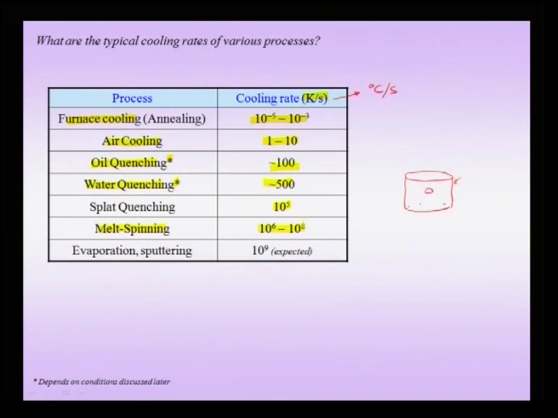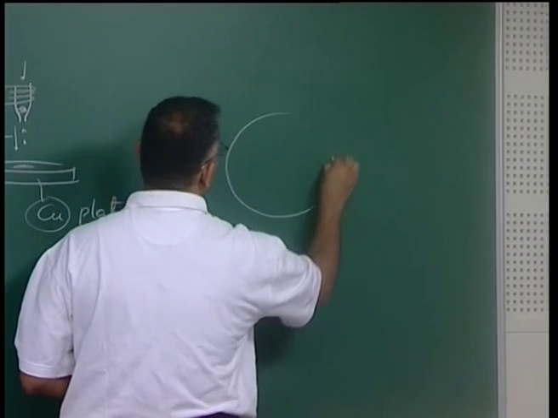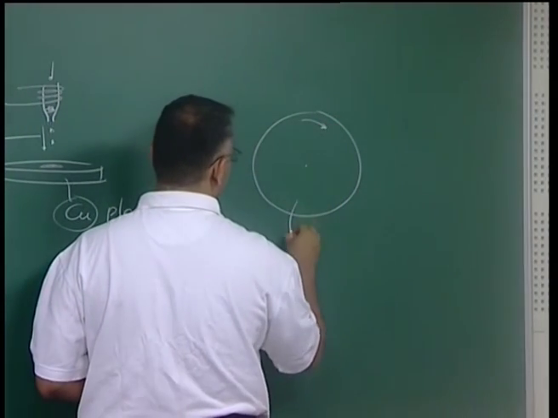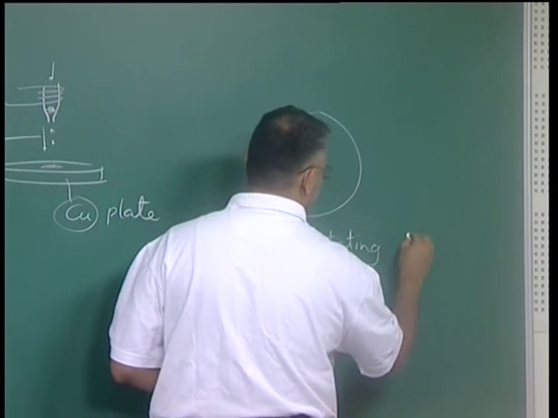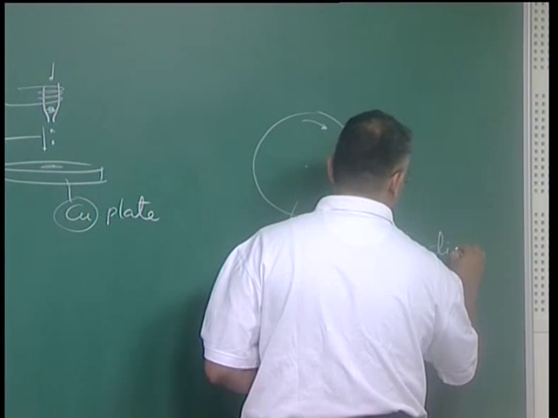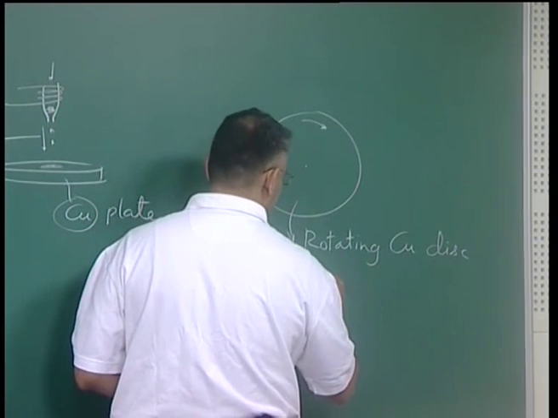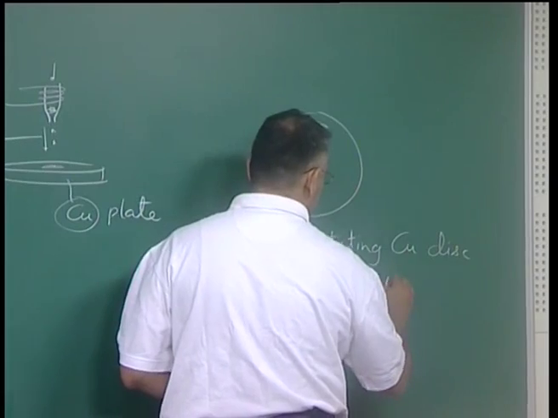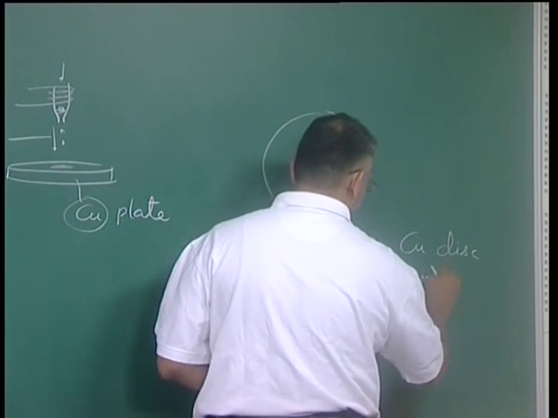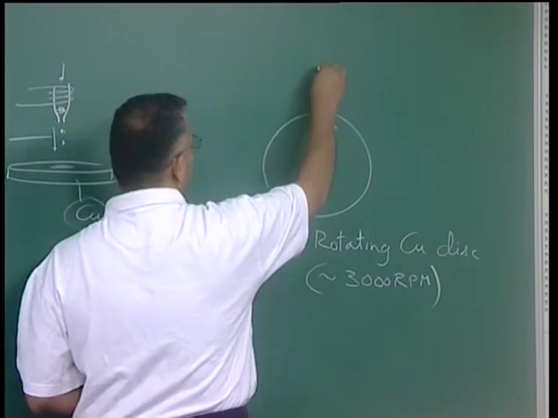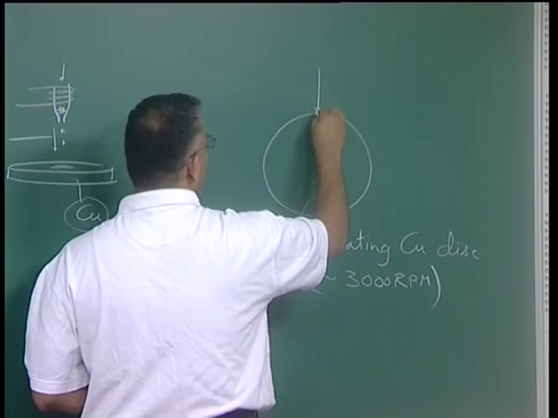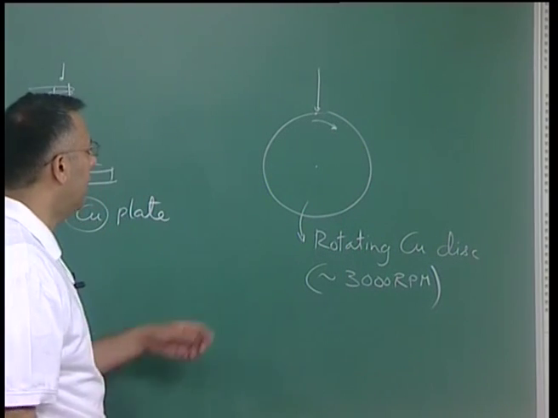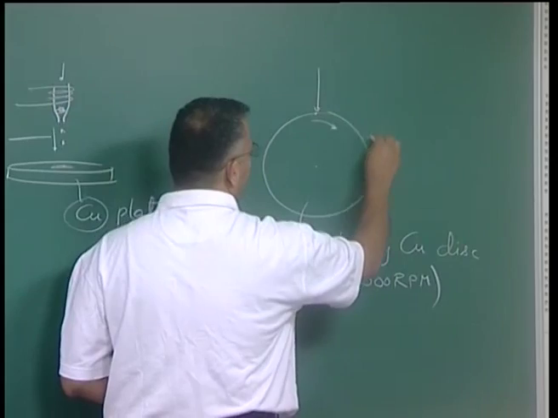In melt spinning, unlike splat cooling, what we use here is a rotating copper disc, and this rotation speed could be of the order of about 3000 rpm, 3000 revolutions per minute, and your molten stream of metal would fall on this. Since the wheel is rotating, no single point would see a lot of metal falling on it, and therefore you would form a foil which comes out of it.